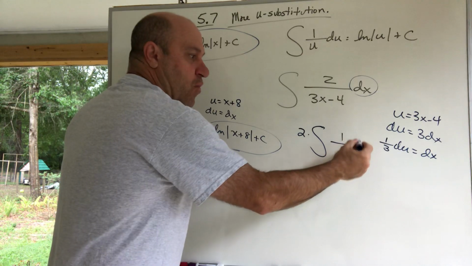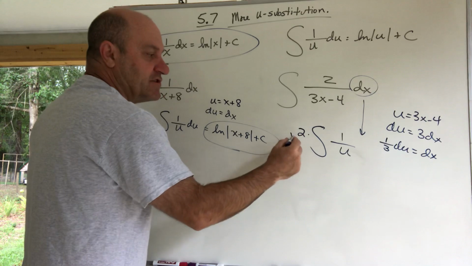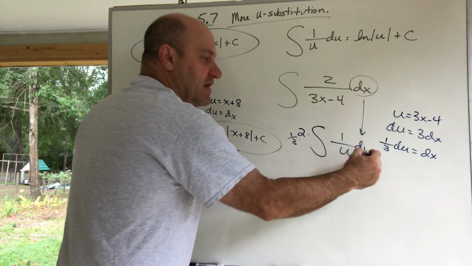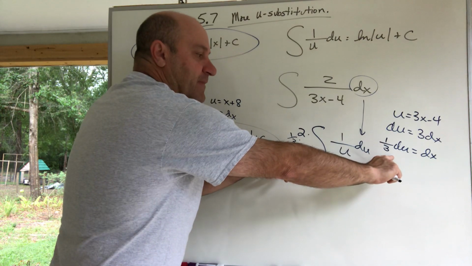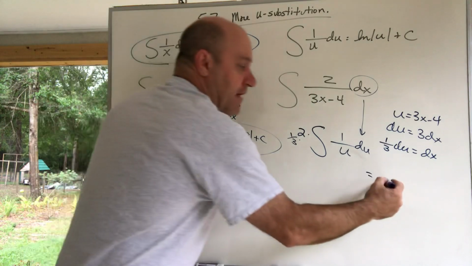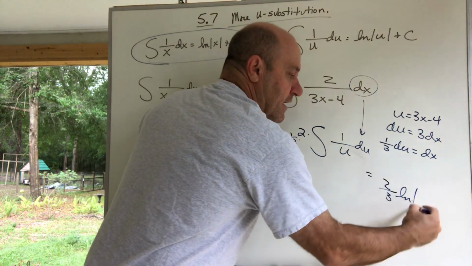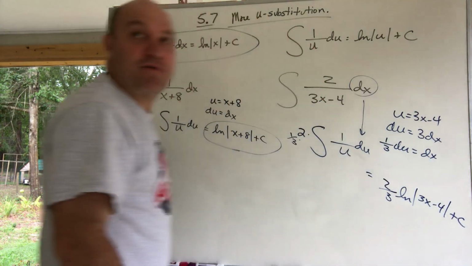I always just pull the 1/3 out and put the du here. So this answers the natural log of u with a 2/3 out front. And it's cool to understand that. I hope you understand that.